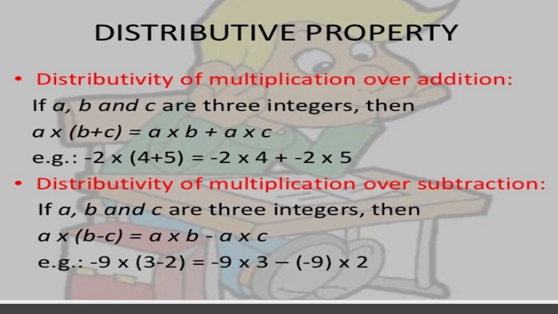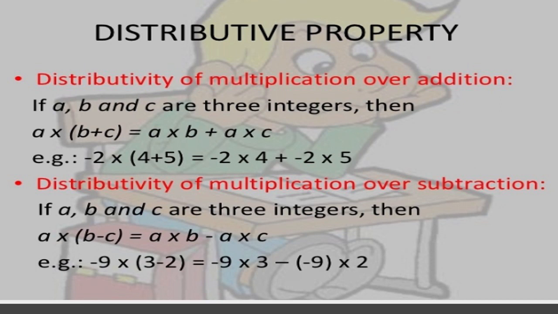Distributivity of multiplication over subtraction. If a, b and c are three integers, then a into b minus c can be written as a into b minus a into c, which can again be verified by taking three integers minus 9, 3 and 2. The LHS part, 3 minus 2 is 1. 1 into minus 9 is minus 9.